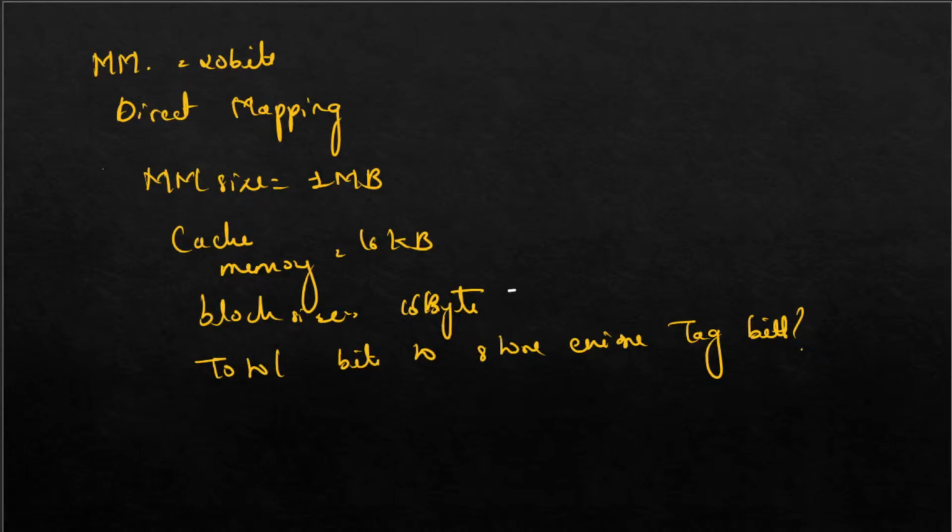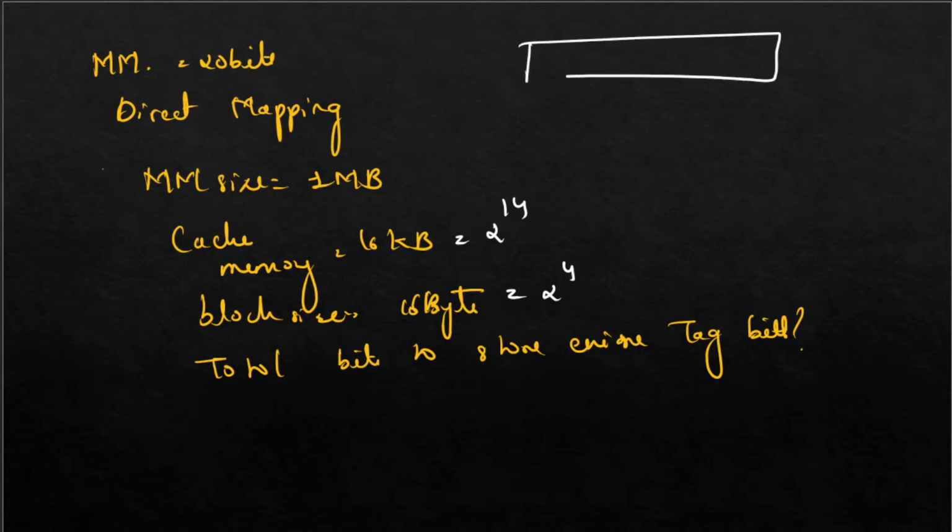If the block size is given as 16 bytes, this is 2 to the power 4. Cache size is given, this is 2 to the power 14. If you draw like this, direct mapping is given, so offset is 4 bits. Main memory size is given, 1 MB. Cache block is given to us.